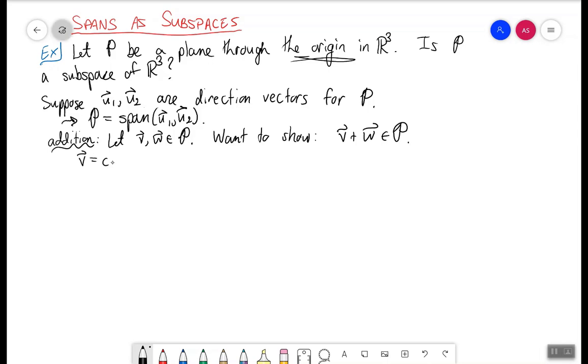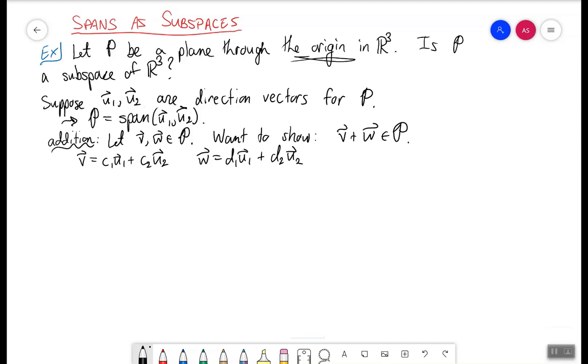V is C1 U1 plus C2 U2 for some real numbers C1 and C2. And similarly, W is, say, D1 U1 plus D2 U2 for some real numbers D1 and D2.